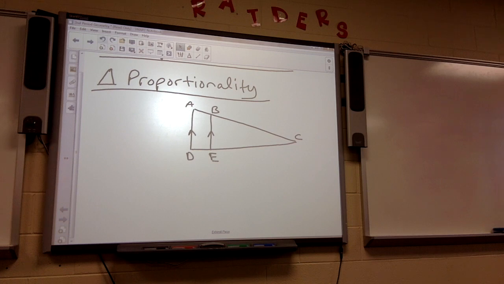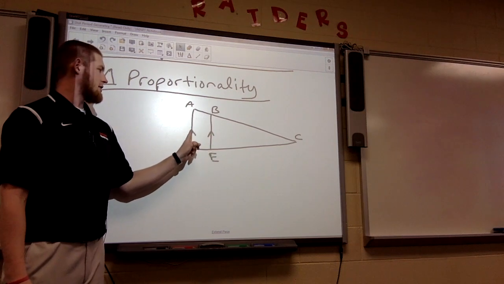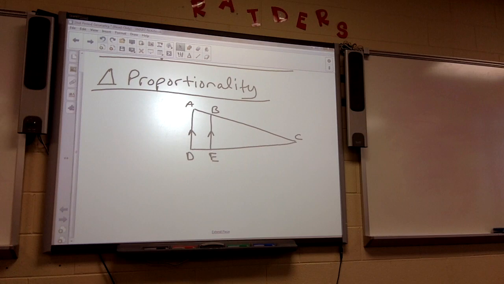Okay. Now a lot of us have wanted to do something like this in the past, okay, but be careful. This theorem only works if these lines are parallel. If you don't know those lines are parallel, this theorem does not work. Okay, so just be careful with that.